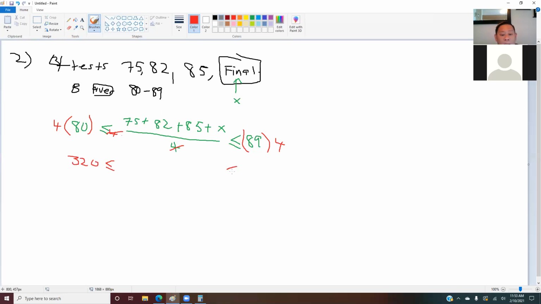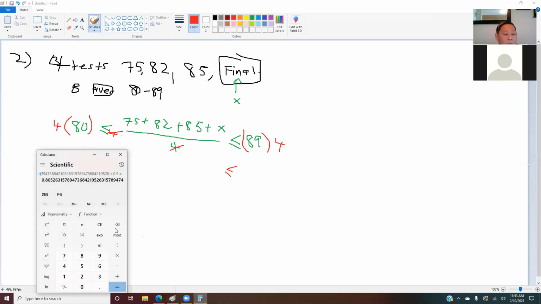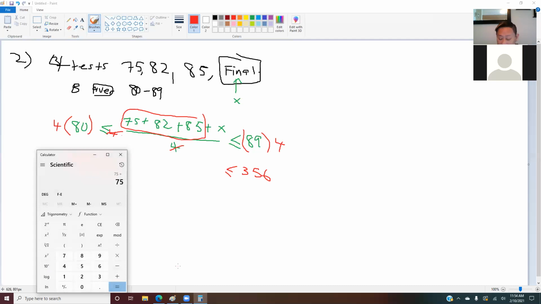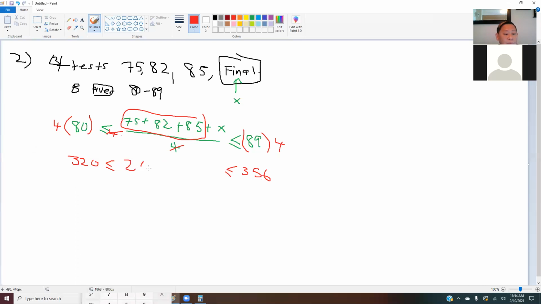And then 89 times 4 is 356. And you have to add all these numbers up for me. 75 plus 82 plus 85 is 242 plus X. So in order for us to get X by itself, you have to subtract 242 on both sides.